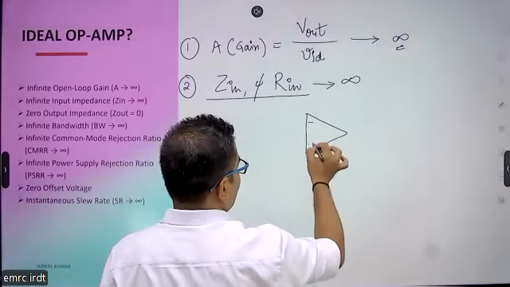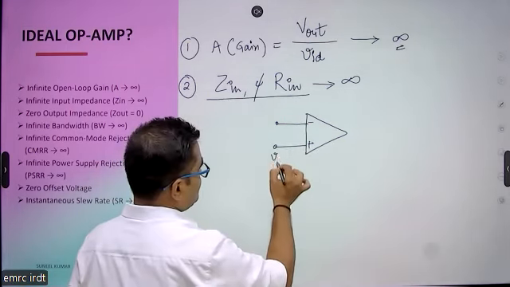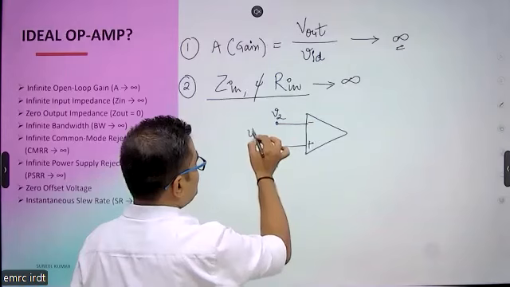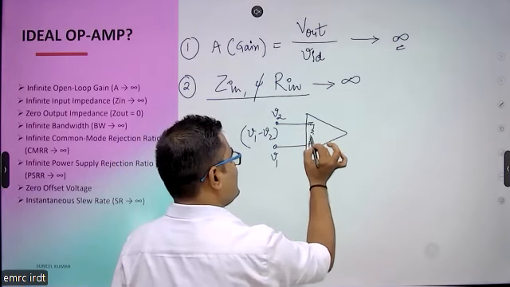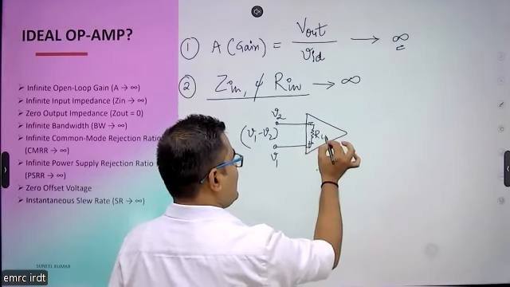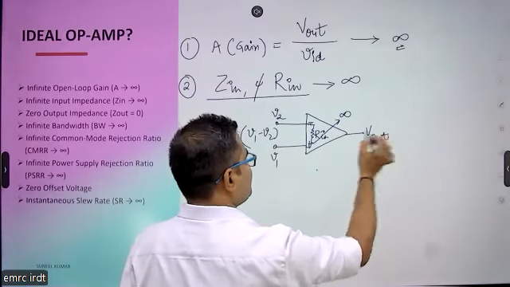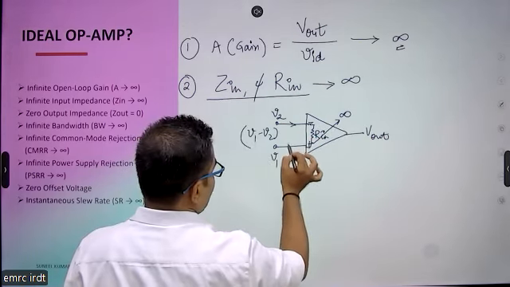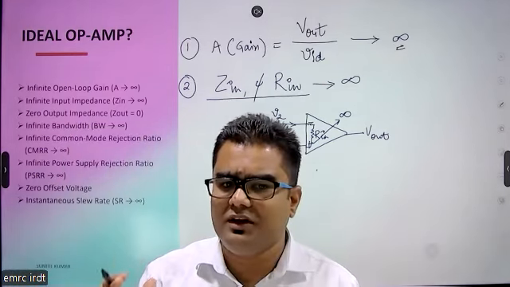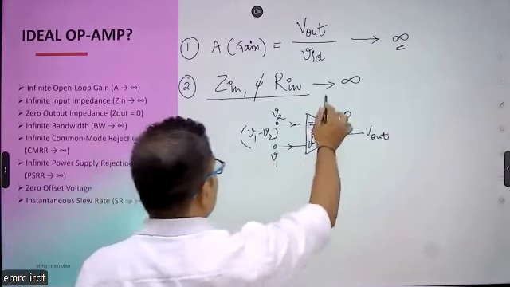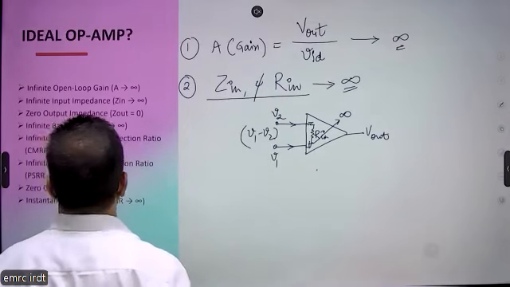Suppose this is the operational amplifier, this is minus, plus, the inverting terminal and the non-inverting terminal, this is V1 and this is V2, so V1 minus V2 is the difference of these two signals, and the input resistance is always here. If this resistance is infinite, what will happen? These two terminals will become isolated. There will be no interference between the inverting terminal and the non-inverting terminal.